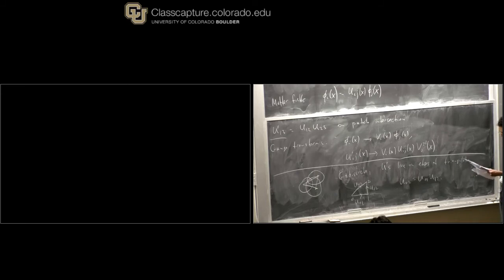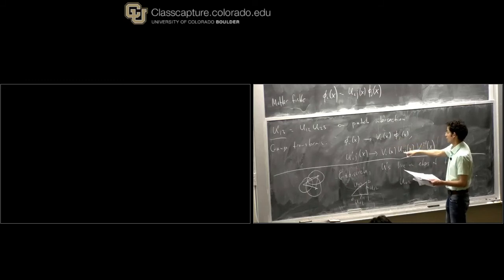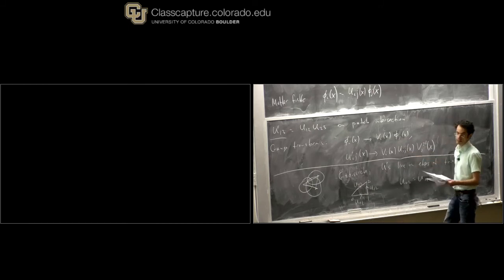Okay. And the gauge transformations just take exactly the same form, except now no x dependence, and this i and j are just site indices. Questions?